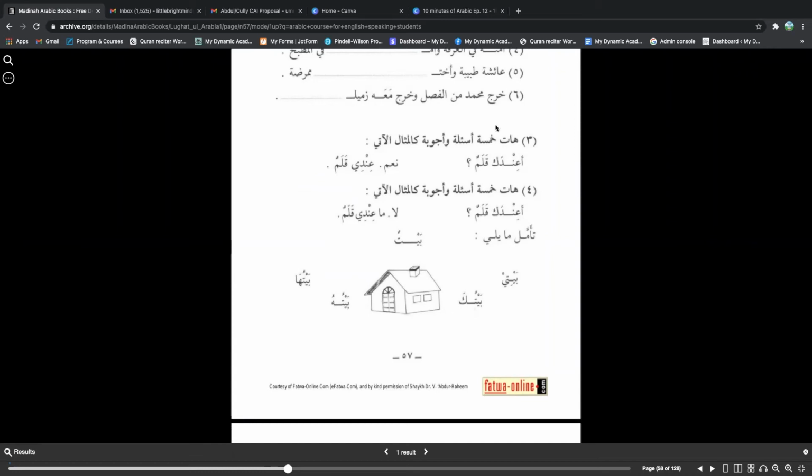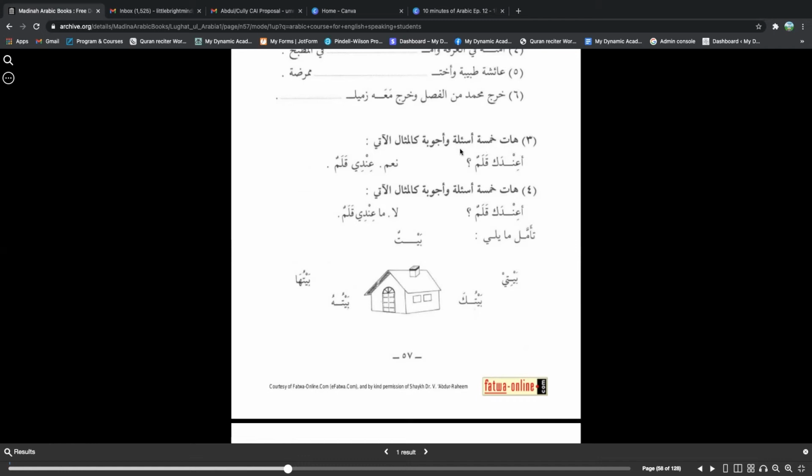So Muhammad came out from the classroom, and his zamilahu, his colleague or classmate, exited with him. Ma'ahu. Okay. So remember, with everything except for the ya, the ayn in ma'a retains its fatha. Ma'ahu, yani with him.